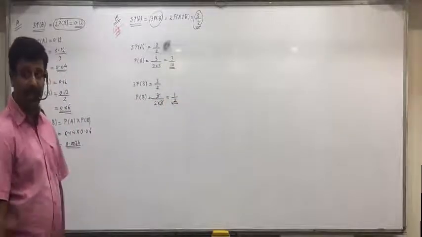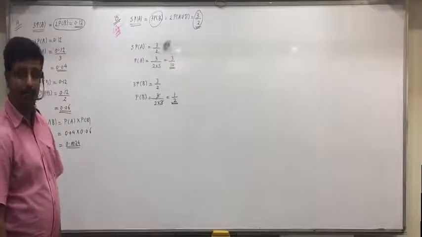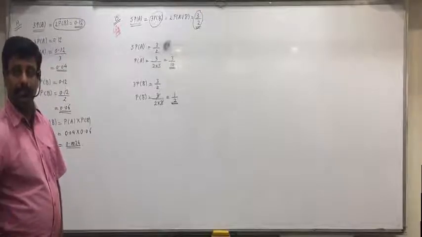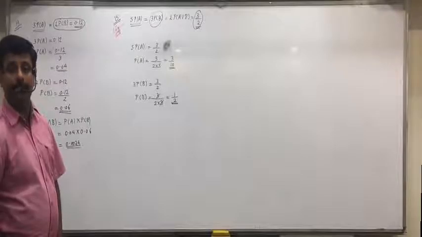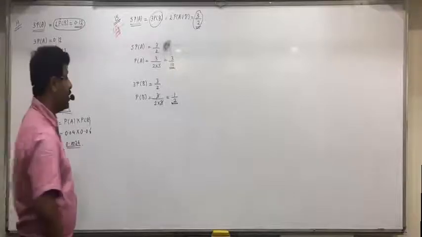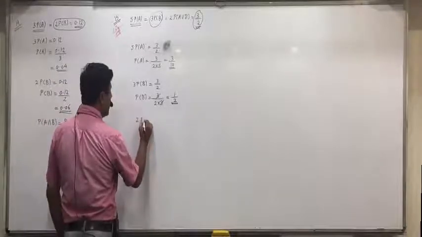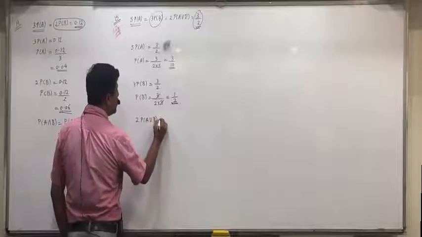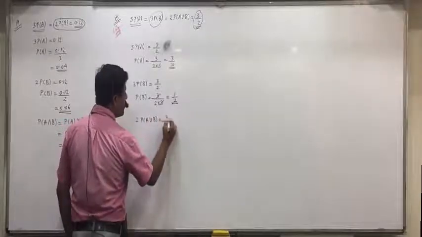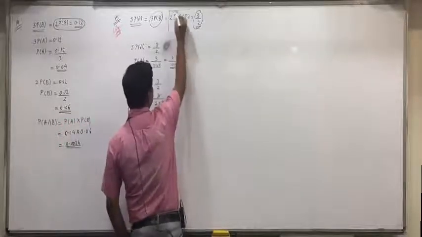What will be P(A union B)? P(A union B) is equal to 3 upon 2. Now these 2 are equated then.